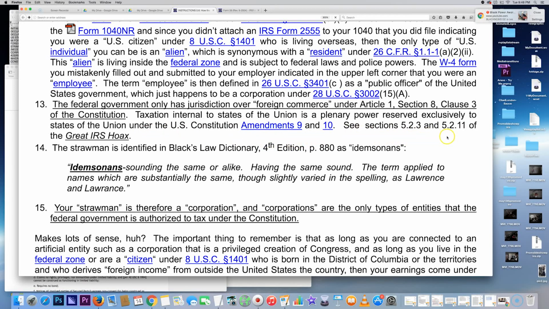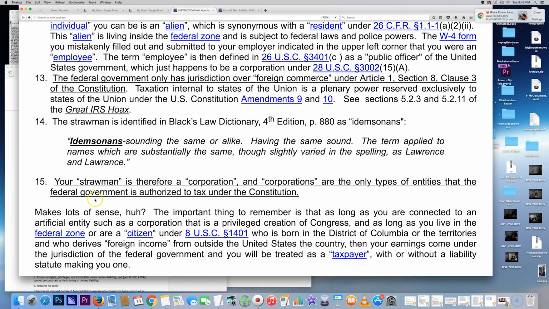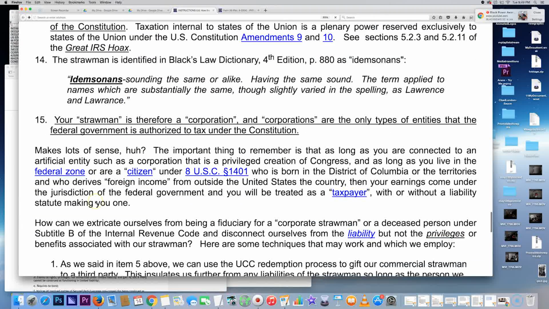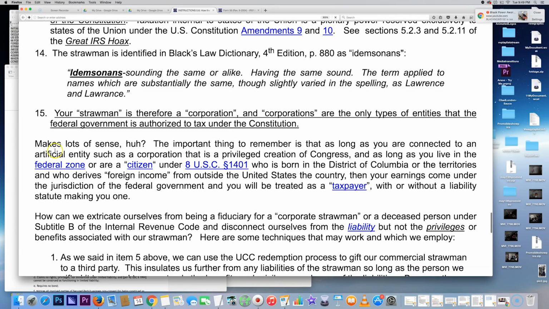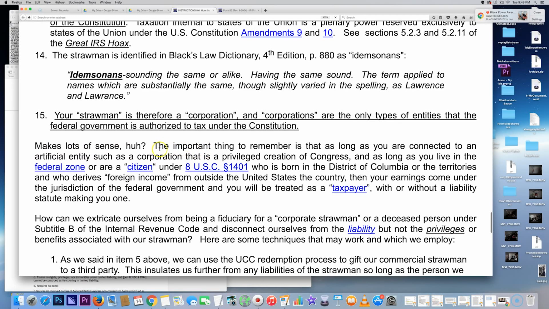See Sections 5.2.3 and 5.211 of the Great IRS Hoax. Your straw man is therefore a corporation, and corporations are the only types of entities that the federal government is authorized to tax under the Constitution. Makes a lot of sense, huh?